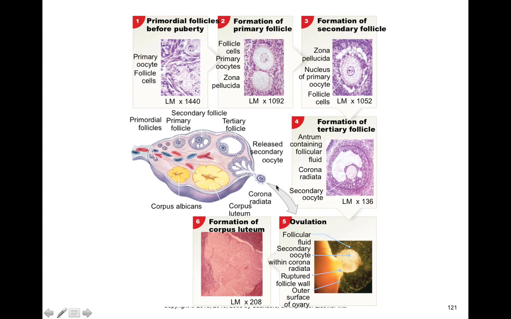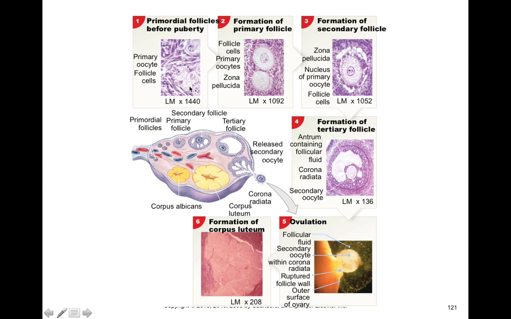Now, ovulation occurs mid-cycle on day 14, and what we see here is that under the microscope, you can see what these follicles look like. Primordial follicles are basically a circle of very densely packed cells with a primary oocyte in the middle.